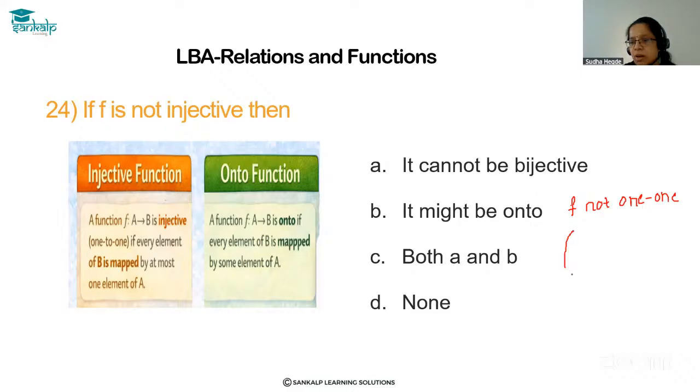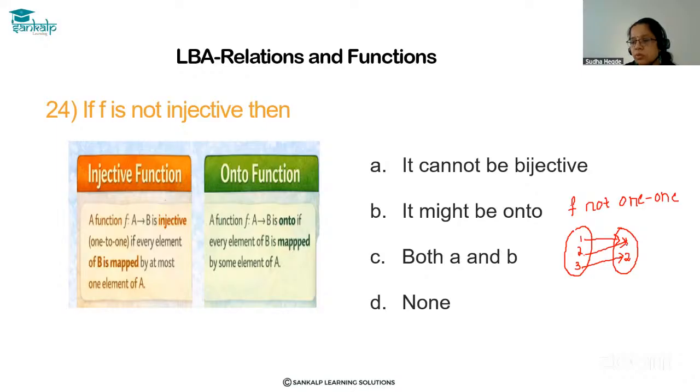For example, take the set 1, 2, 3 and the set 1, 2. I can map this to this, this to this, this to this. Now, f is not one-one, but it is onto, correct?